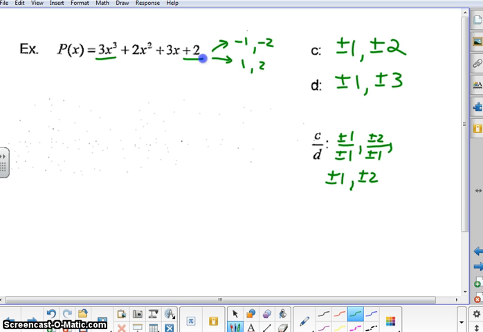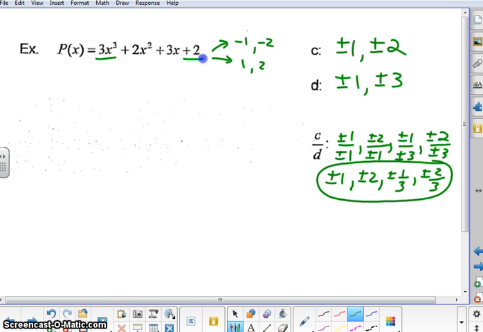And then we're going to take plus or minus 1 divided by plus or minus 3. Okay, and then that's just plus or minus 1/3. And if we divide plus or minus 2 divided by plus or minus 3, we get plus or minus 2/3. So these are the possible rational roots because of the rational root theorem. Now, how is that going to help us is go ahead and push pause and plug this into the calculator.